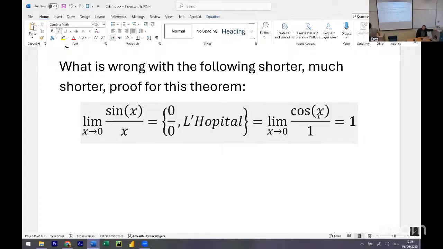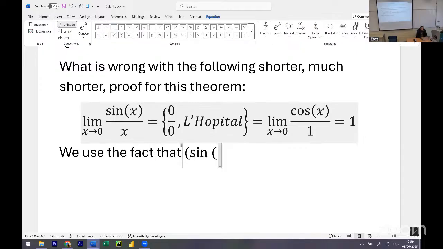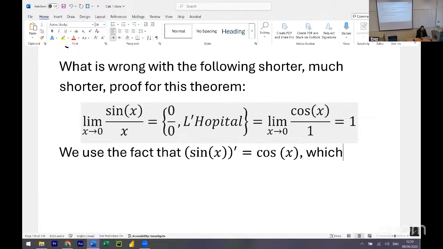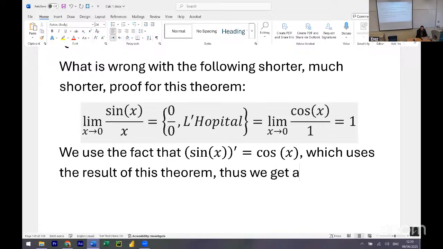But even if I accept these limits, still we use the fact that the derivative of sine of x is cosine of x, which uses the result of this theorem. Thus, we get a circular argument.